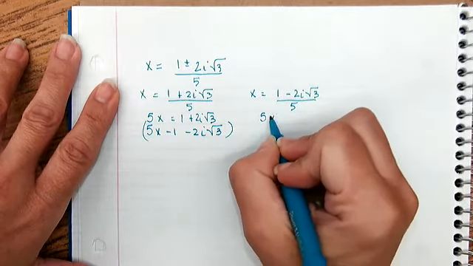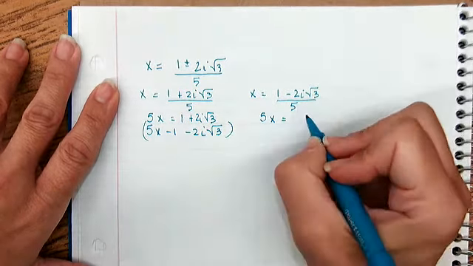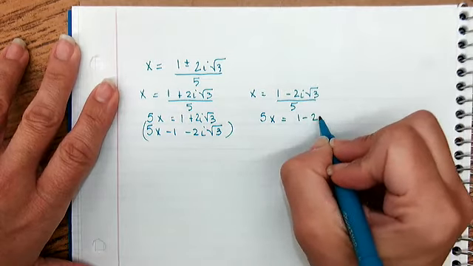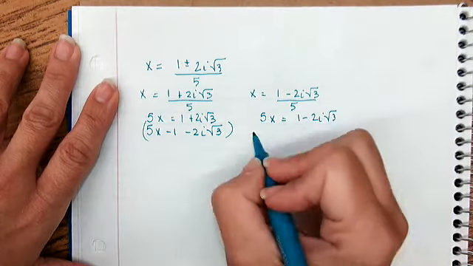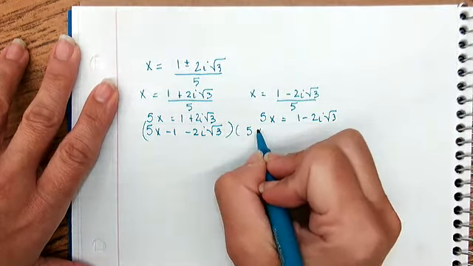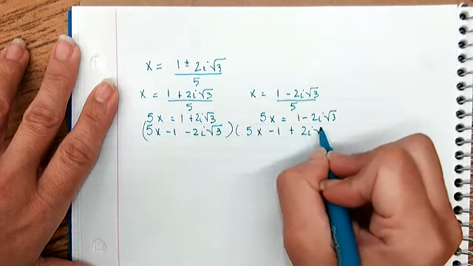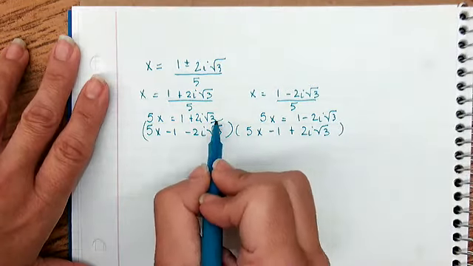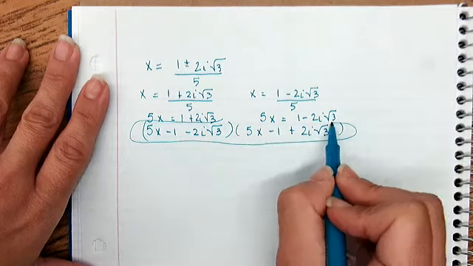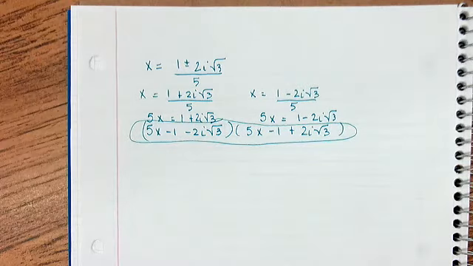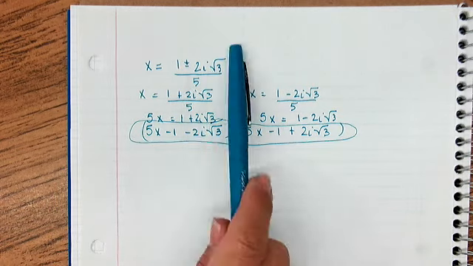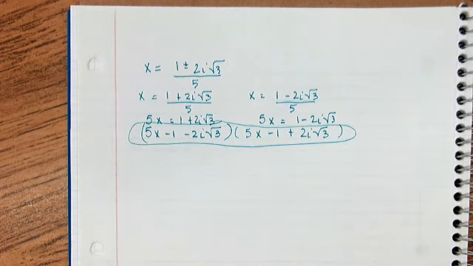Multiply by 5: 5x equals 1 minus 2i root 3. So your other factor is 5x minus 1 plus 2i root 3. So that's just a side note about how you're supposed to properly write factors when your complex solution involves fractions, roots and all kinds of things.